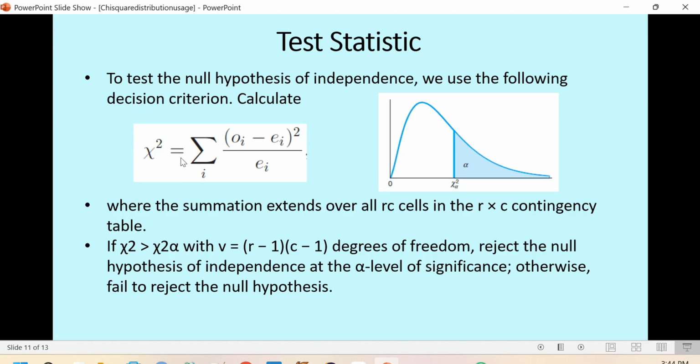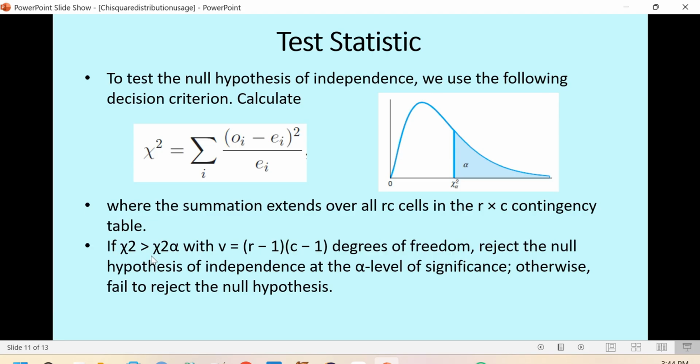This statistic has degrees of freedom equal to R minus 1 times C minus 1, where R is the row number and C is the column number. In this table, 2 rows gives 1, and 3 columns gives 2.